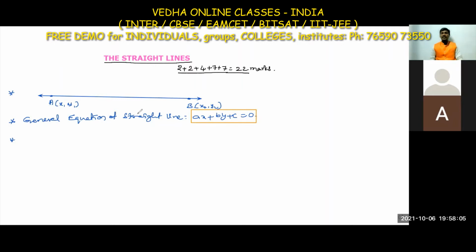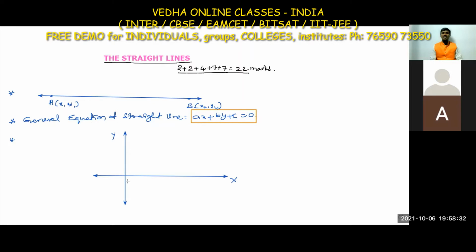When we take a straight line, for example, here we have the x-axis and this is the y-axis, horizontal and vertical lines. This is x and this is y, and how much it is slanting, how much it is bending, when we compare with the positive direction of the x-axis, is called slope.